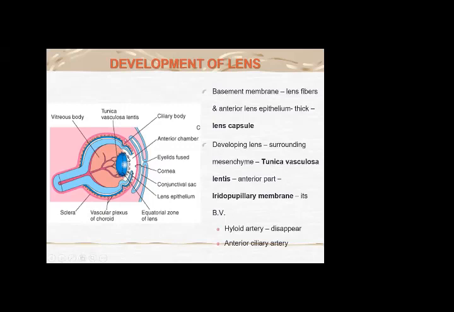This thickened basement membrane all around is called the lens capsule. The lens capsule is simply the development of the basement membrane that surrounds the developing lens. And on the outside, this is mesenchyme.